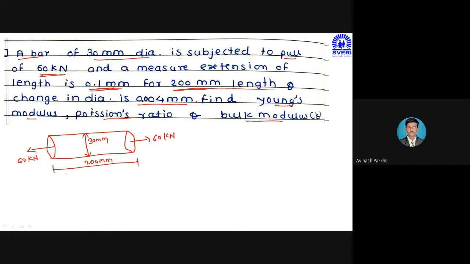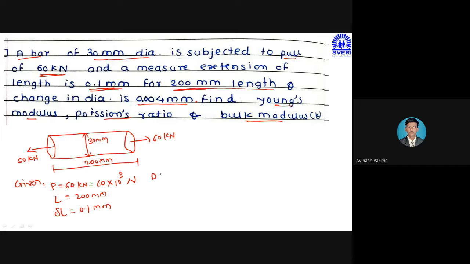Pull of 60 kilonewton. Then, according to the figure and the statement, P is equal to 60 kilonewton, which is 60 into 10 raised to 3 Newton. Length is equal to 200 mm. Delta L is equal to 0.1 mm.